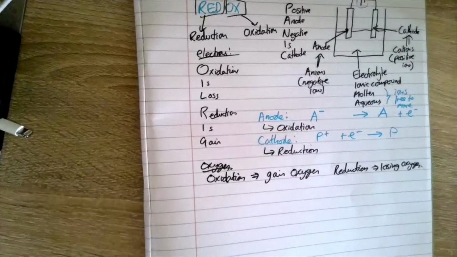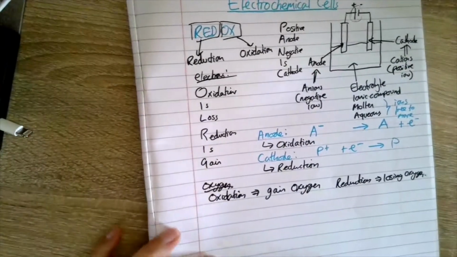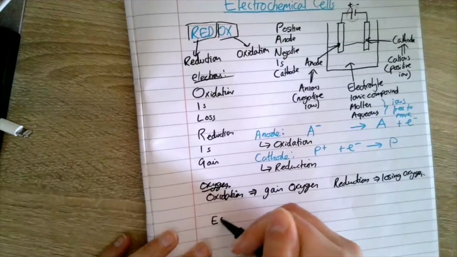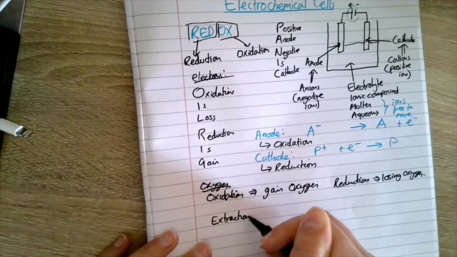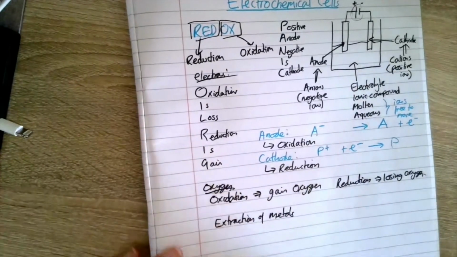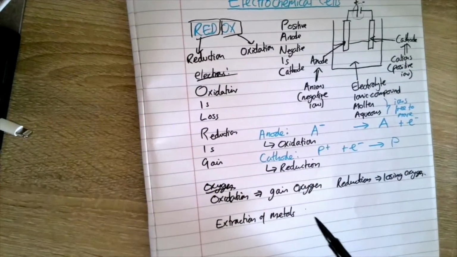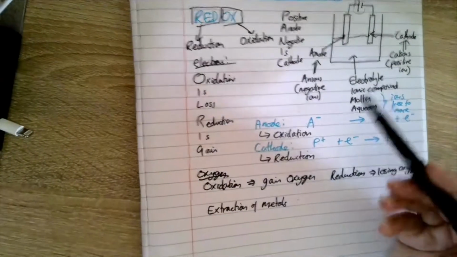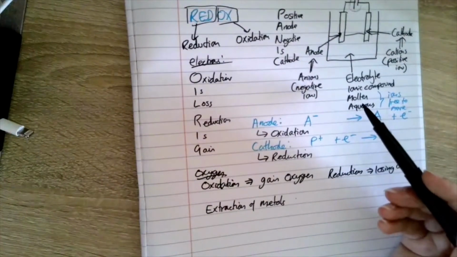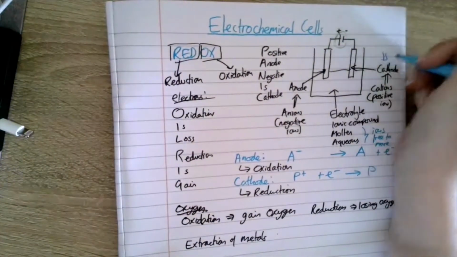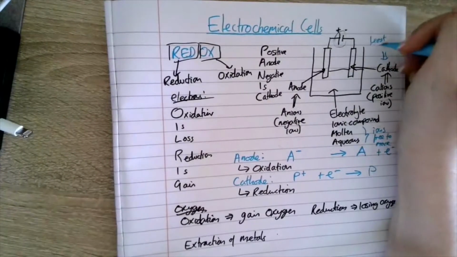There are various uses of electrolysis. Most commonly we can think about it in our extraction of metals, but we have to be careful here in terms of our reactivity series as to whether we can use molten or aqueous, because at our cathode our least reactive is formed.